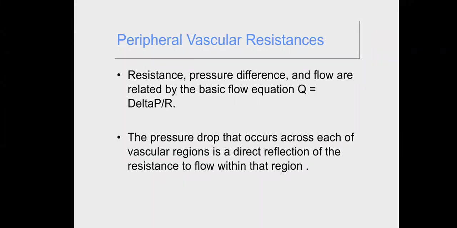The pressure drop was mentioned, and the large pressure drop occurs through arterioles. It occurs, as we said, because arterioles present a large resistance to flow.